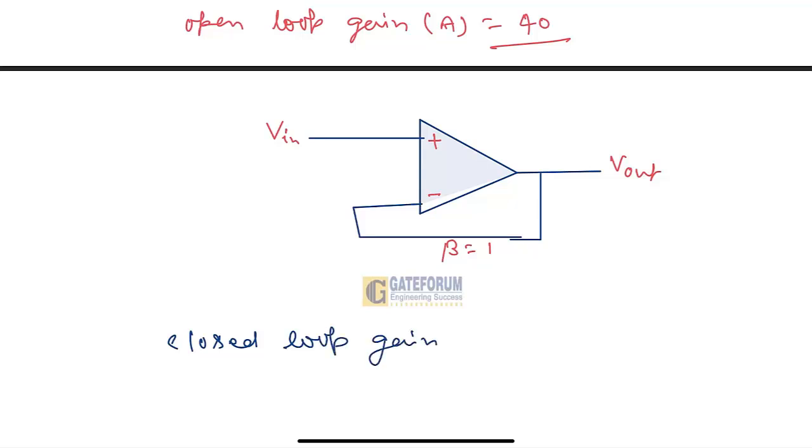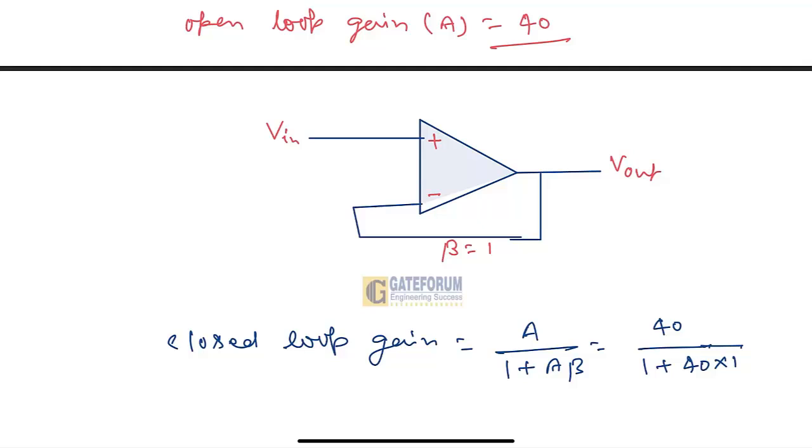The closed loop gain is equal to A, the open loop gain, divided by 1 plus A times beta, where beta is called the feedback gain, or the feedback network gain. As per the value given, the open loop gain is 40, divided by 1 plus 40, and beta by default we take as 1.